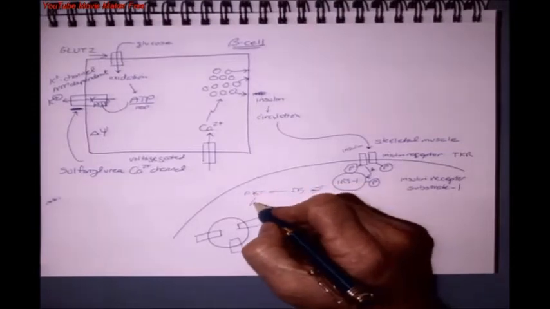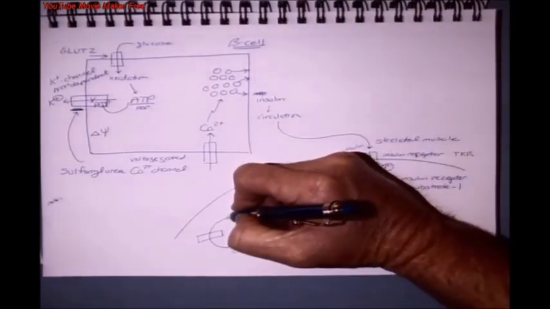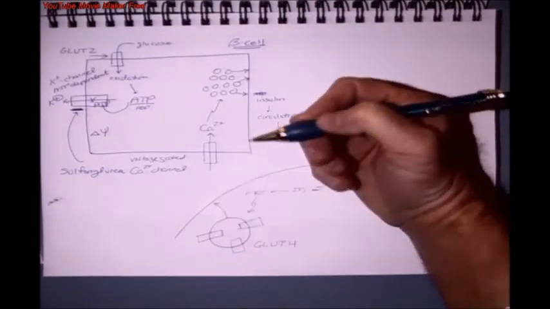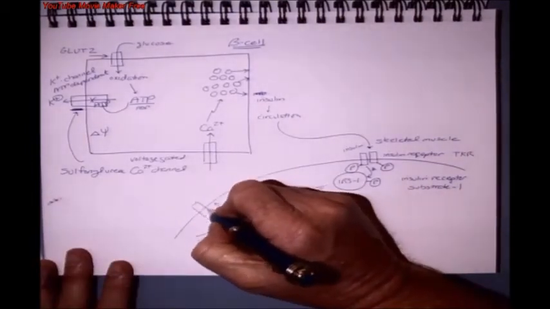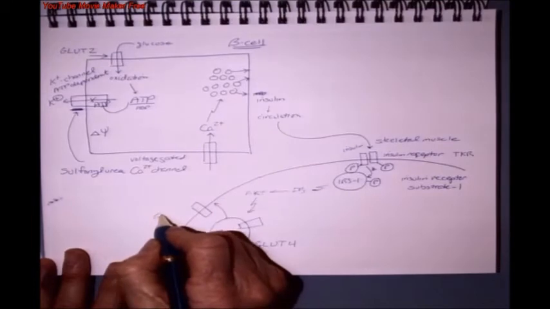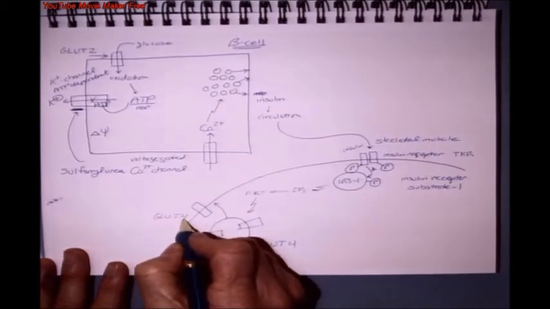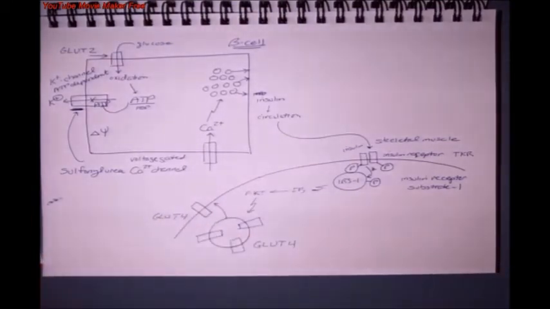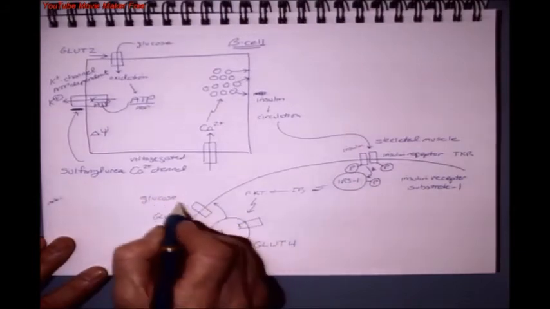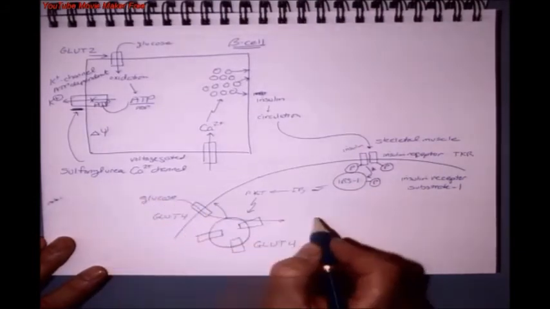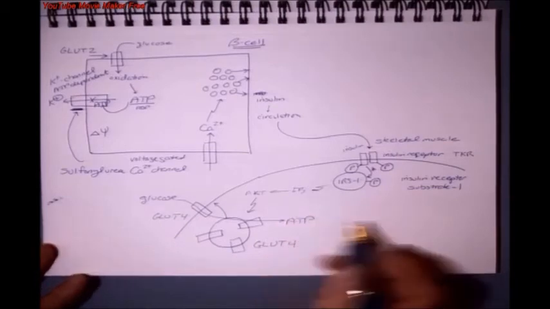And these signals are causing these vesicles to fuse with the surface, and now you're putting GLUT4 on the surface of the skeletal muscle cell. Once GLUT4 is on the surface, now that glucose that's in the circulation is accessible to the skeletal muscle.